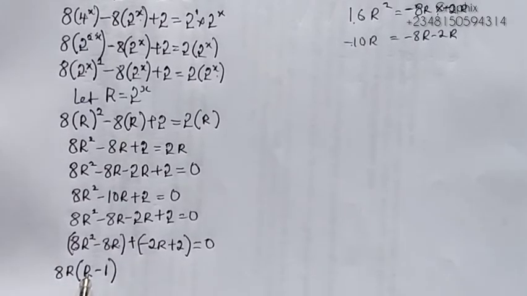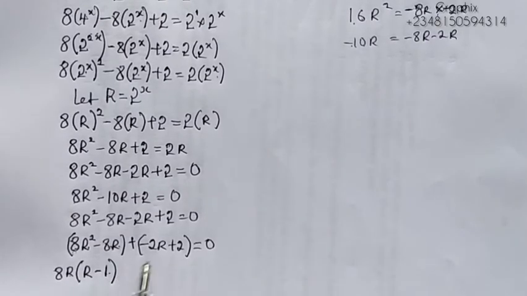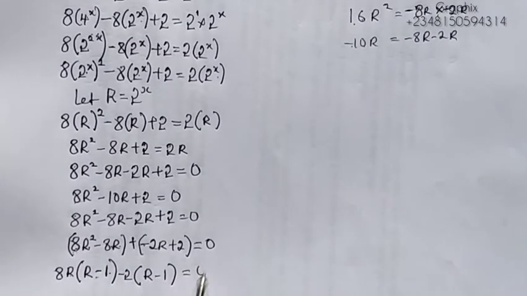Because 8r times r gives you 8r squared, 8r times 1 will give you 8r. So whatever I have here, I will have it here, r minus 1, right? So all you multiply with r gives you minus 2r, and that is what? Minus 2 equals to what? 0.